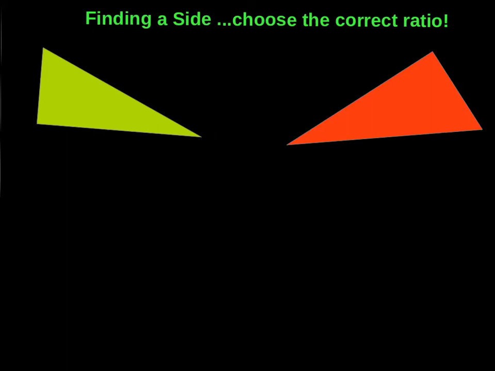Okay, so here are our two triangles. Let's work on the yellow one first, and I'll give you some information about it and we'll work it through. Let's call this triangle FDE.